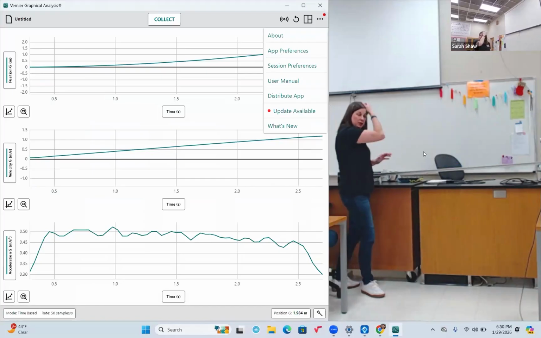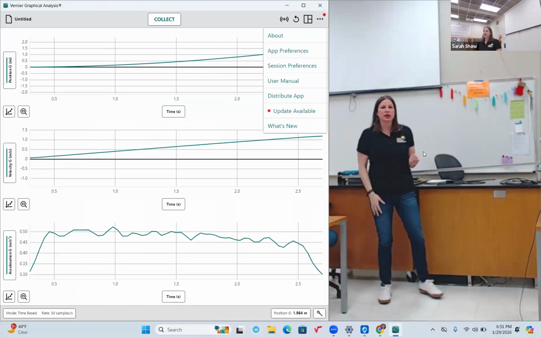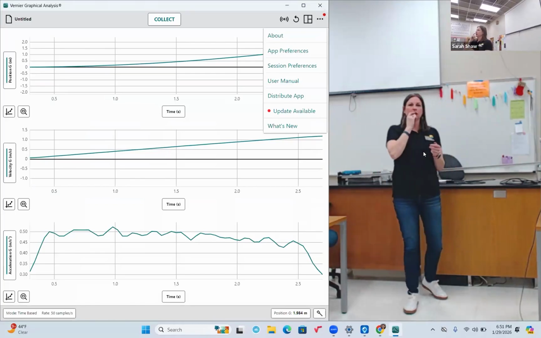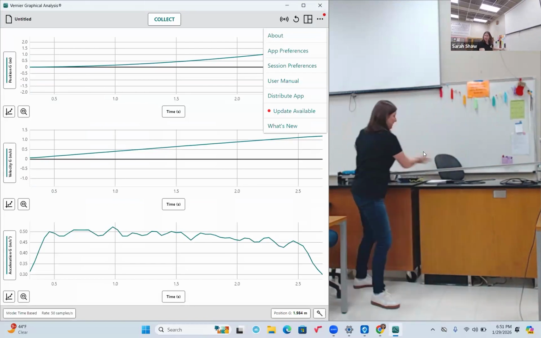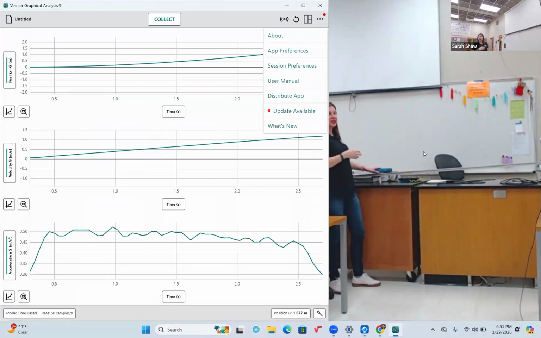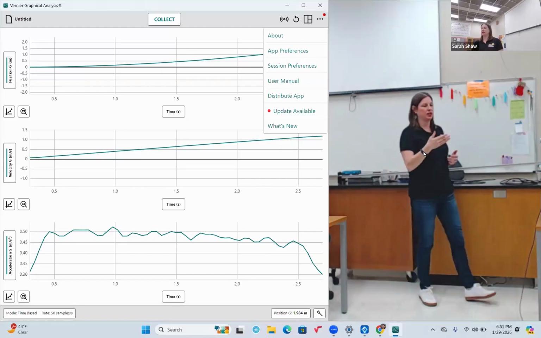If you don't have the smart carts, like my school is still purchasing them in batches, right? If you're still using some of the older carts and you haven't gotten to the smart carts, there's a lot more noise because their hands get in the way. And so that's when it's really important for them to focus on the portion of time when the cart is actually going down the track.